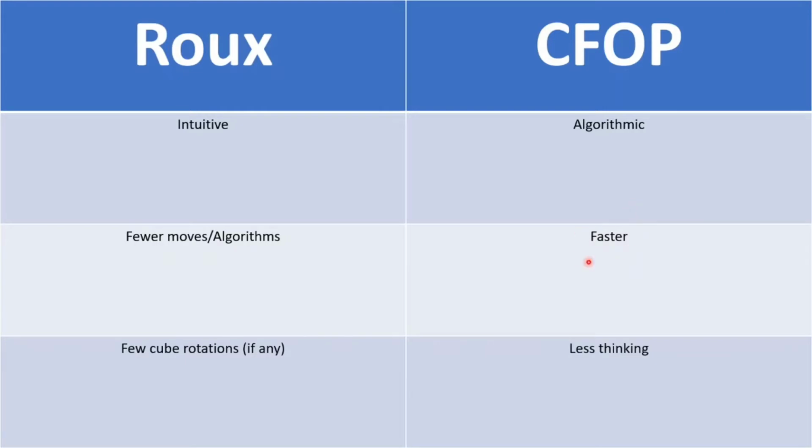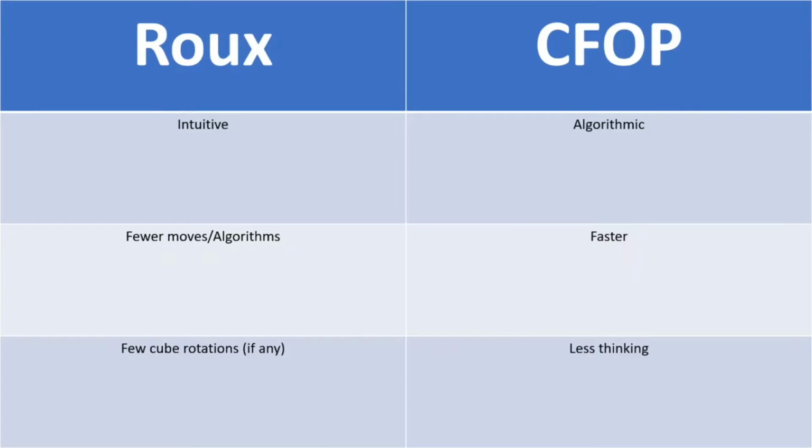But the reason CFOP is faster is because of its algorithms. You don't need to spend time thinking, meaning you don't have to do a lot of thinking to get from the scrambled state to the solved state. So that's also another advantage, is that you don't have to think as much with CFOP.